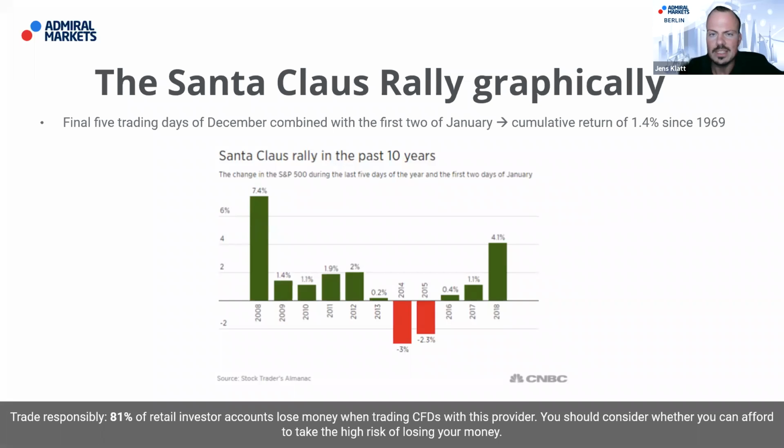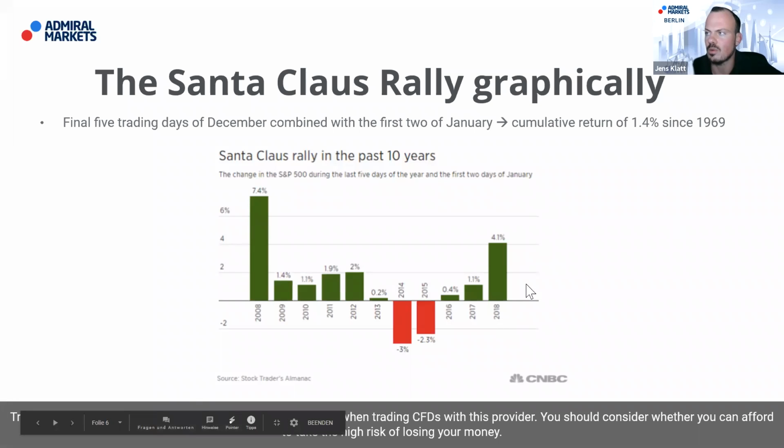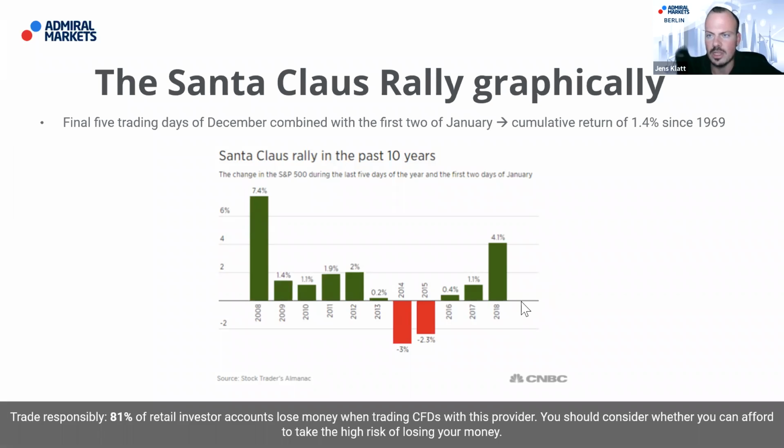So what does this chart show us? It shows the Santa Claus Rally in the past 10 years. You can see we've taken out 2019. It's not included here, but you can check for yourself that in 2019 there has also been this positive development over this time span.